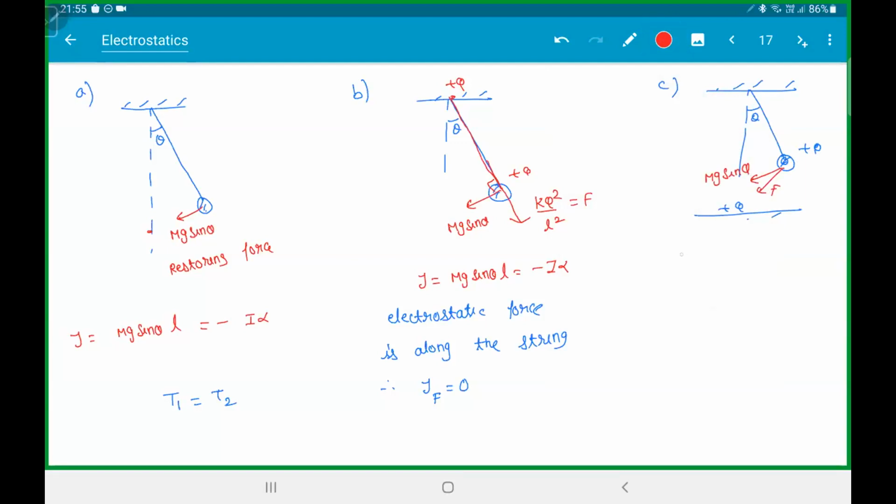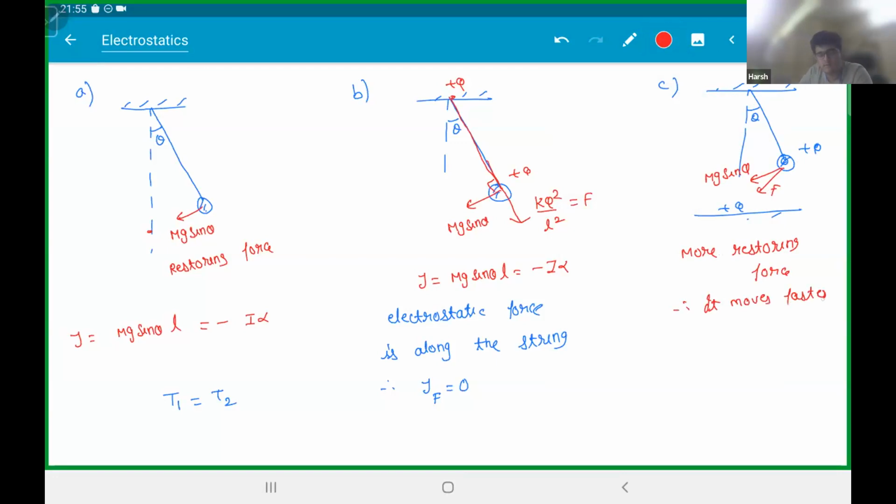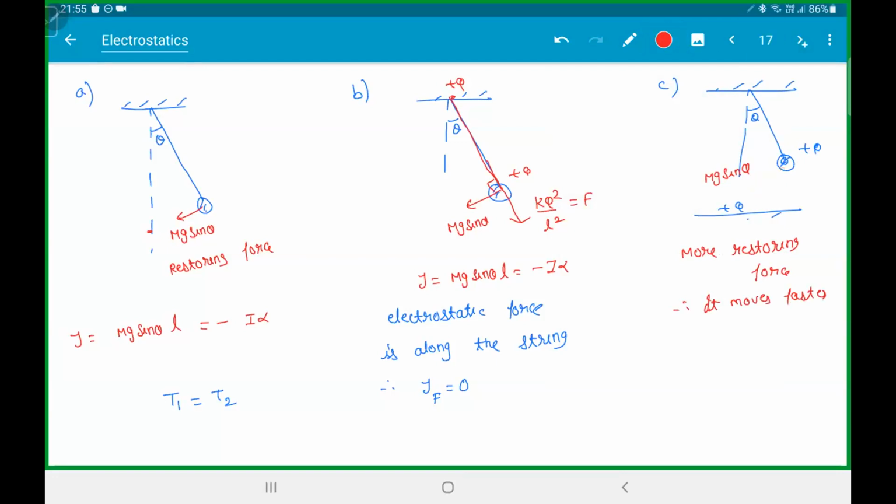So here the torque will be more. There is more restoring force. Therefore, it moves faster. The force of repulsion, right? So less restoring force. Takes more time.